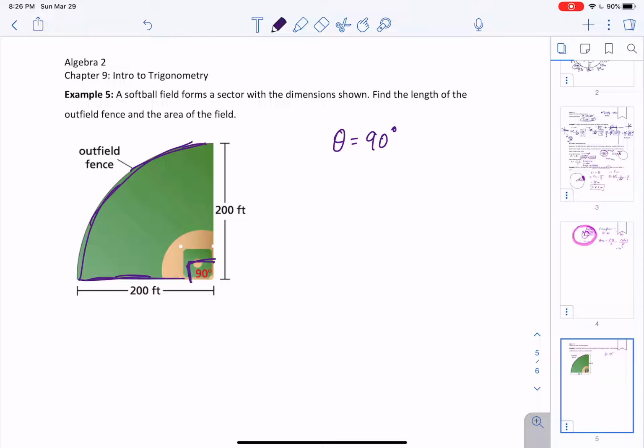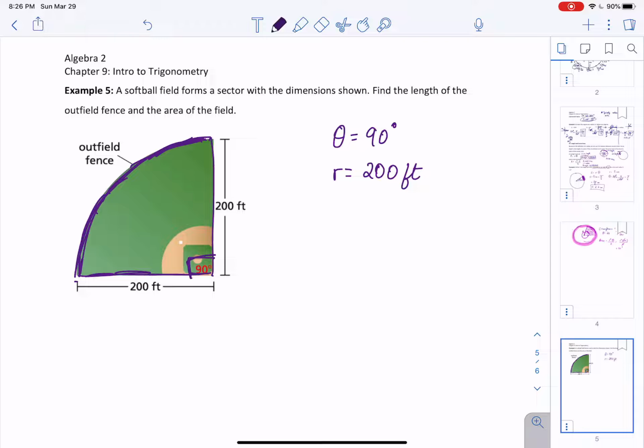And we know that these bits are 200 feet, which means the radius is 200 feet. We want to find the length of the fence over here, which would be the arc length. And we want to find the area of the field, that would be sector area. So first, the length of the fence, which is the arc length.